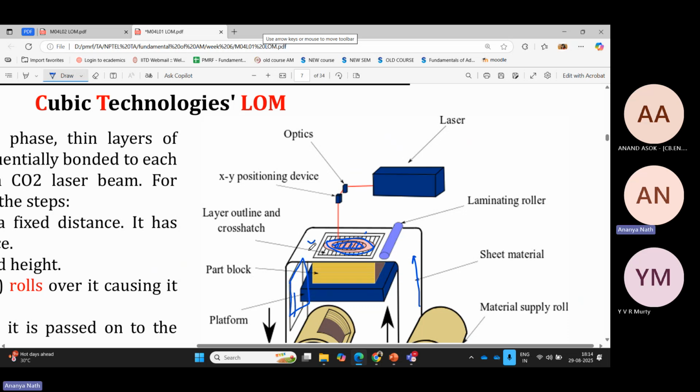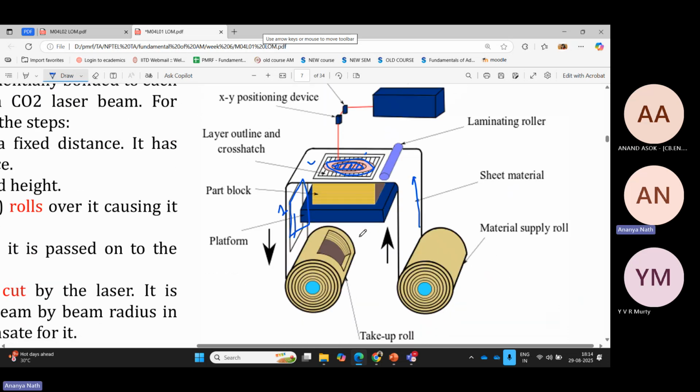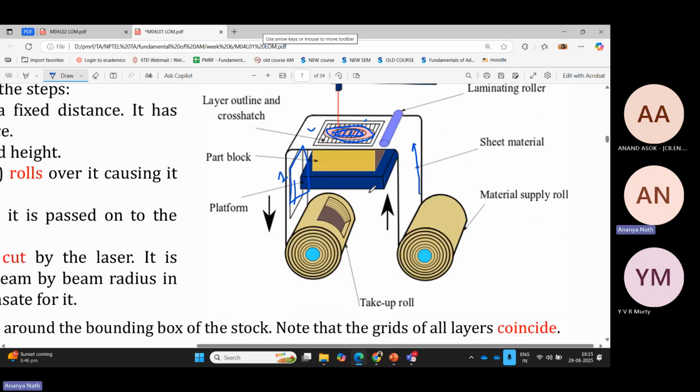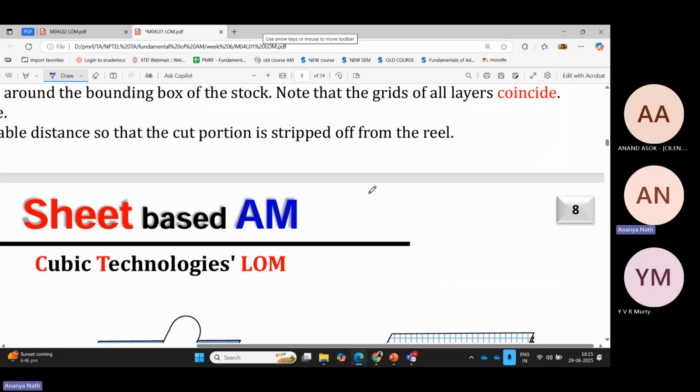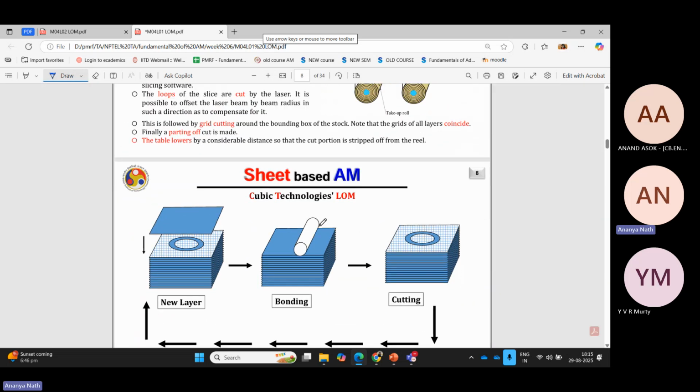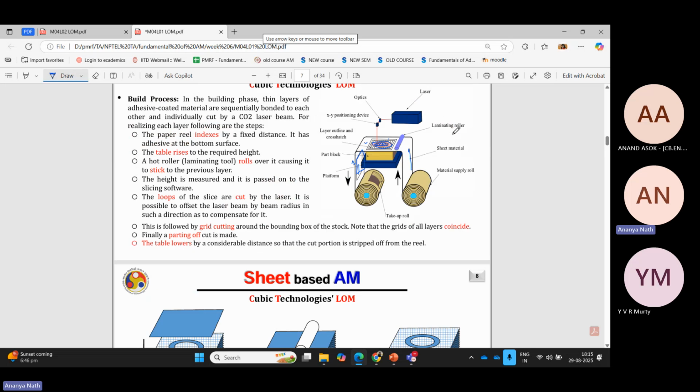Okay, this was the first layer, and now this is the second layer. This is how the part is made. You can see the whole cube is getting made, whereas my part is just this pink portion which is inside. When everything is done, we take a knife. How the bonding takes place is through the laminating roller.